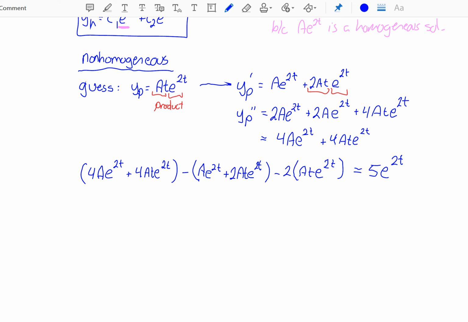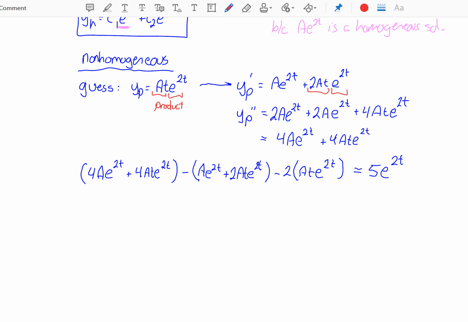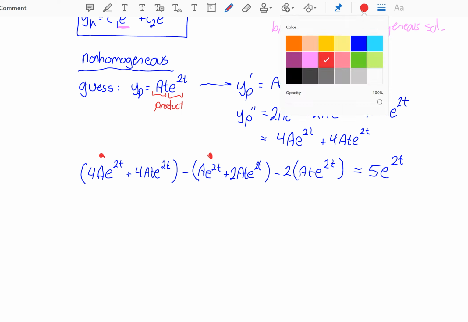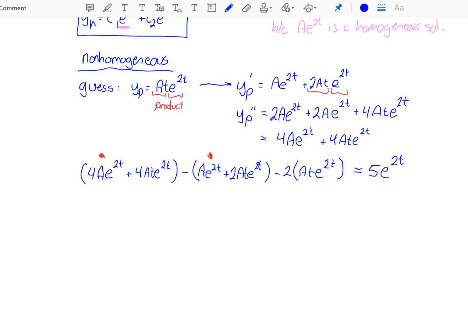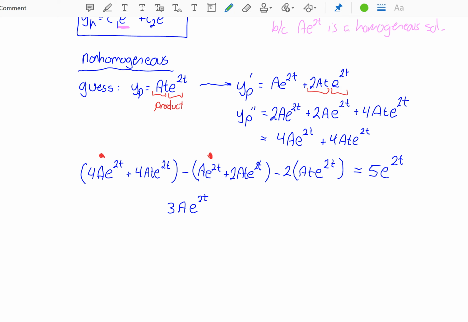So now let's look at combining some like terms. First, I'll grab the terms that don't have a factor of t, which is this one and this one. Combining those two terms together, I think we get 3a e to the 2t. Now we'll look at the ones that have a factor of t. So this 4at e to the 2t. Don't forget to distribute this minus.